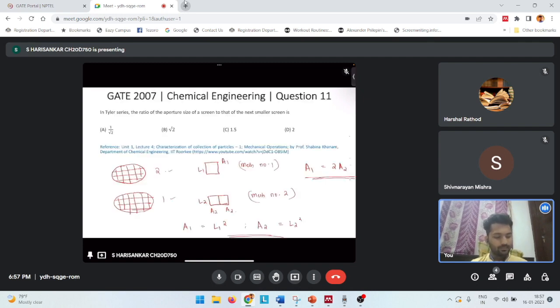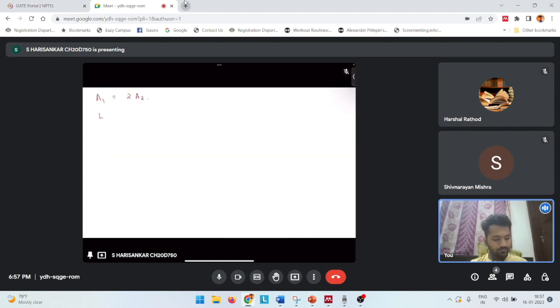So that means L1 square is equal to 2 into L2 square, or L1 square by L2 square is equal to 2, or L1 by L2 is equal to root 2.